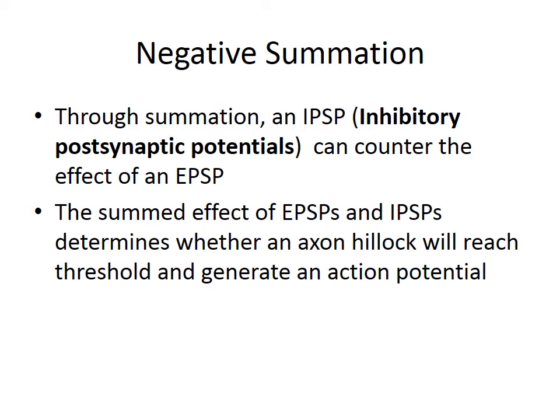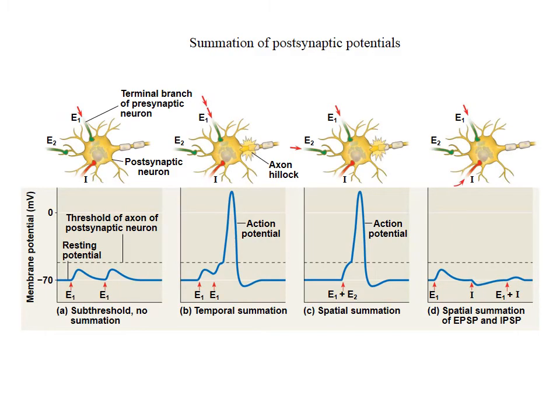So it adds it up, and then it subtracts the two, and the result is either generation of an action potential or not. So the summed effect of EPSPs and IPSPs determines whether an axon hillock will reach threshold and generate an action potential. And here's a picture showing you this. So it's showing you the summation of postsynaptic potentials. And so let's look at them one by one.